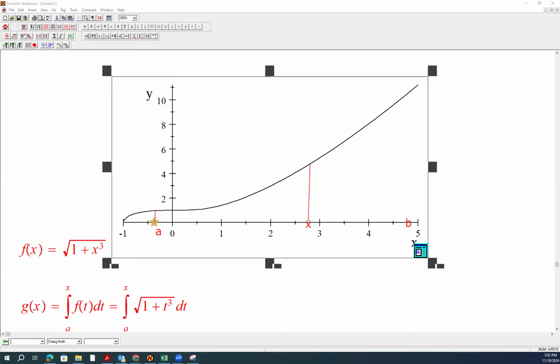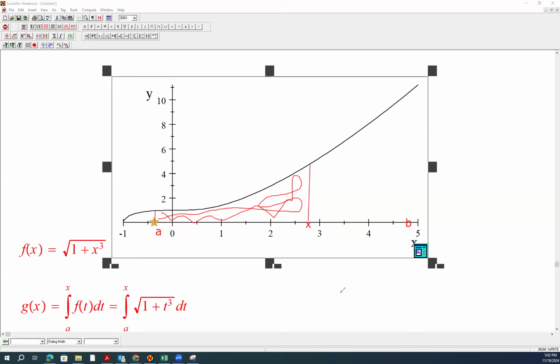So this integration will give us the area. This much is the area underneath the curve. That's the meaning of it.